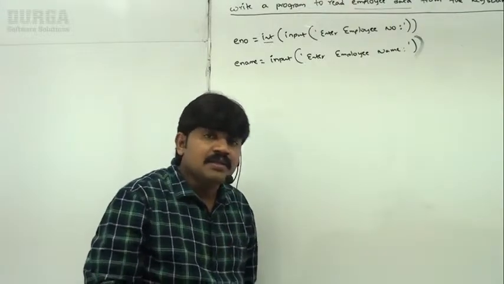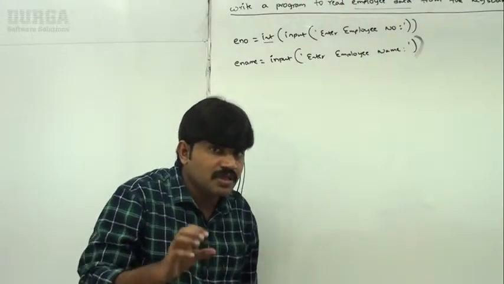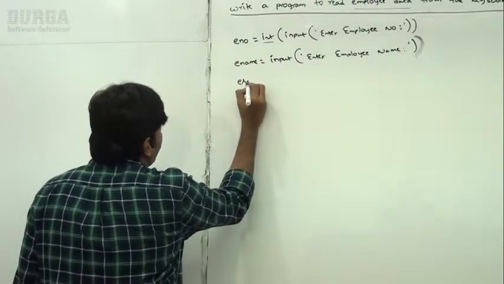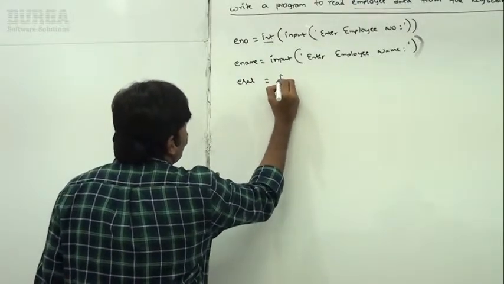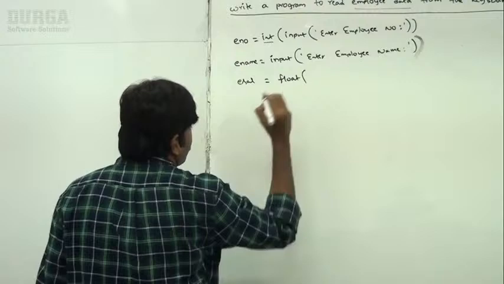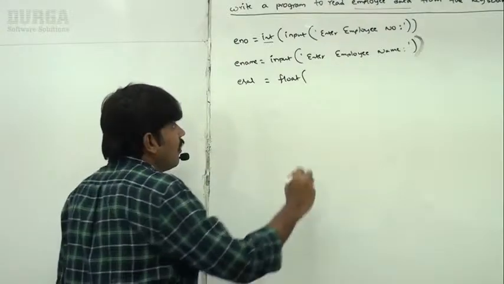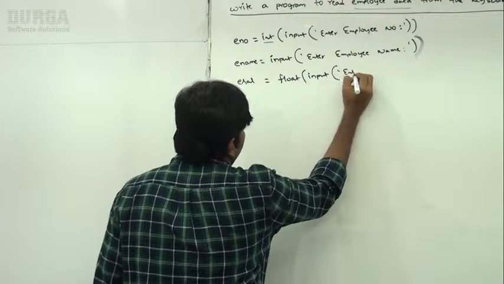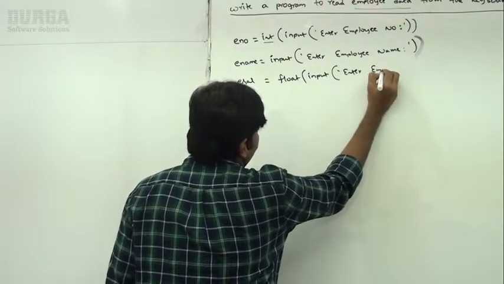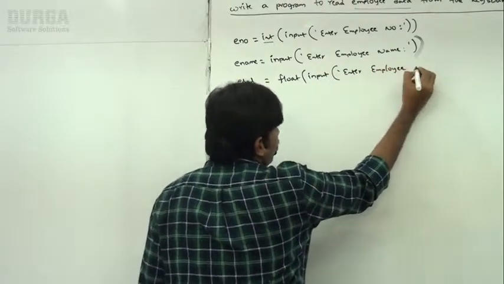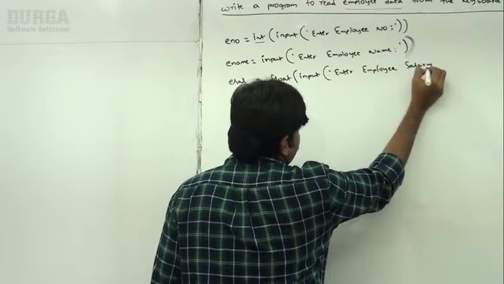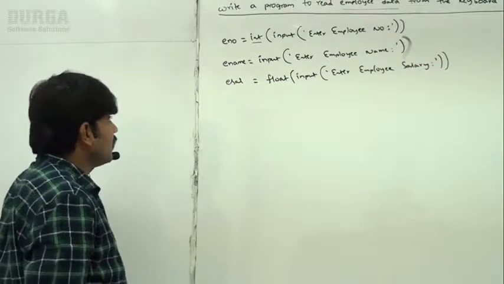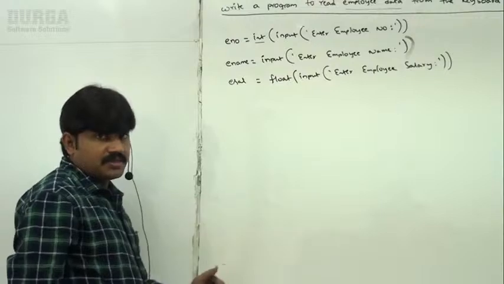Employee salary. Most of the time it is the float type, a floating point value. That's why esal is equal to the typecasting function float of input of "Enter employee salary", like this I'm taking, sir. So ename, esal.